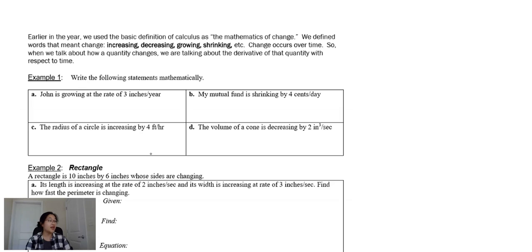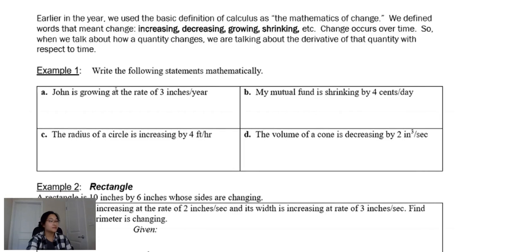So if we're looking at the growth rate of someone named John, that is 3 inches per year, then John's growing is a height, right? dh/dt.